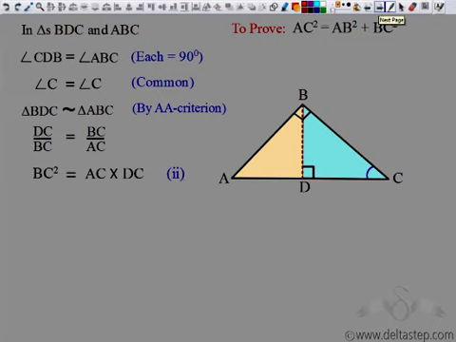So we found AB square. We had already found that AB square was AD into AC, and we know what BC square is. What I need to prove is that AB square plus BC square is AC square. So let's add these two now.